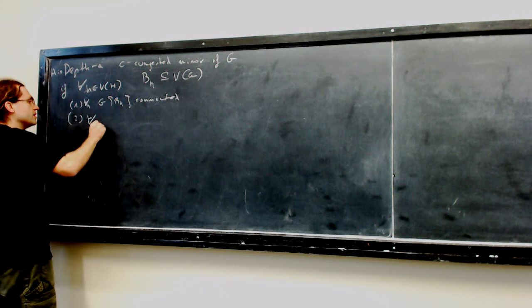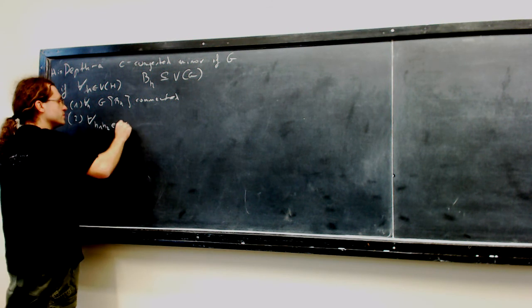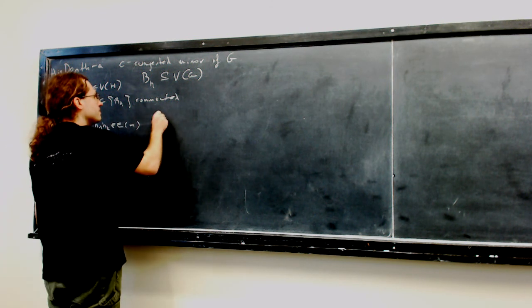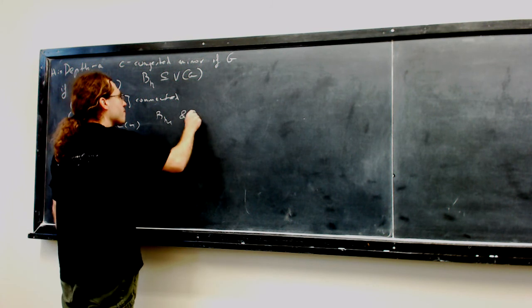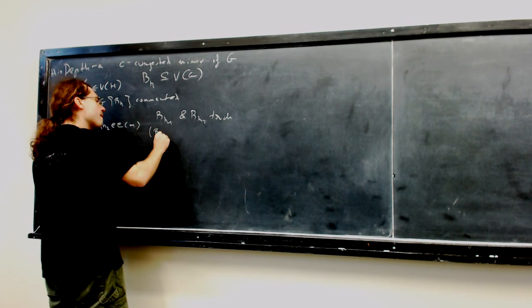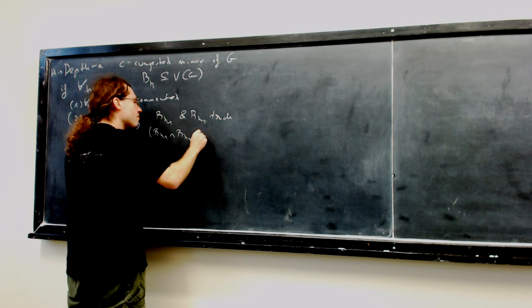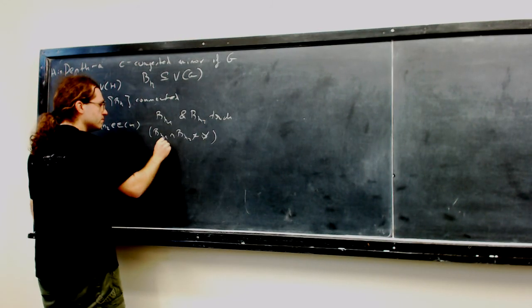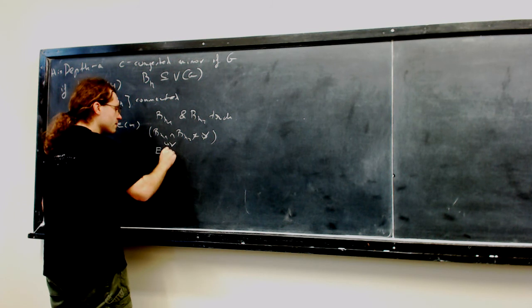For every edge h1, h2 in E of H, these sets touch, which means that they overlap, or there's a match between them.